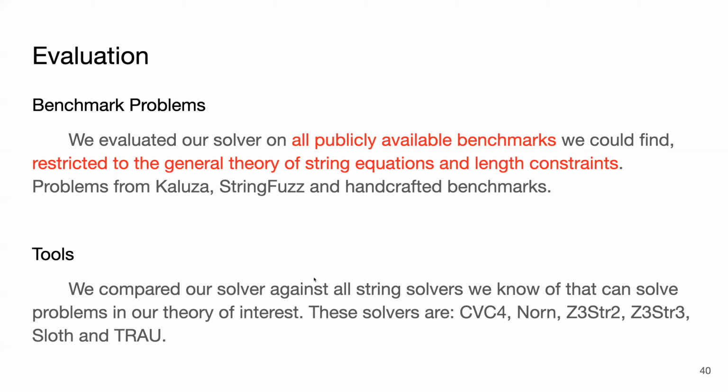We compared our solver against all string solvers we know that can solve problems in our theory of interest, which includes string solving with linear constraints. The solvers we compared against are CVC4, Norn, Z3STR2, Z3STR3, Sloth, and Trau.